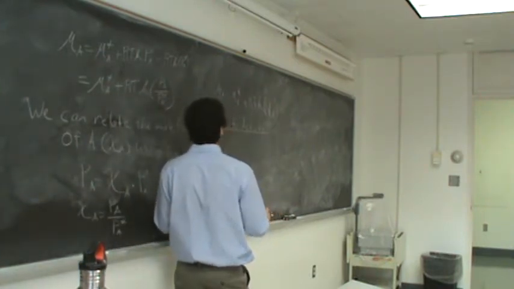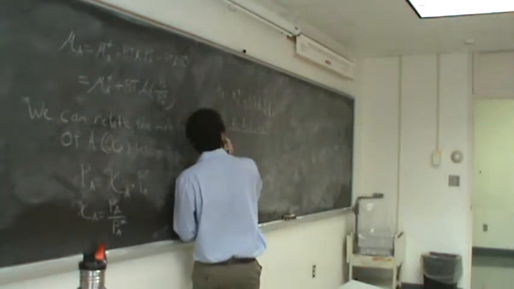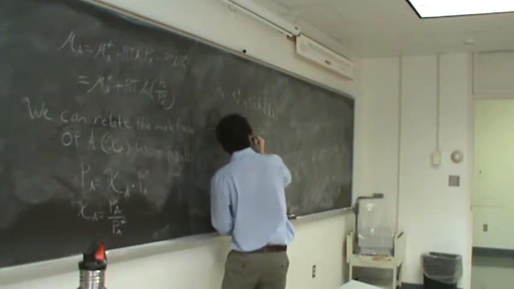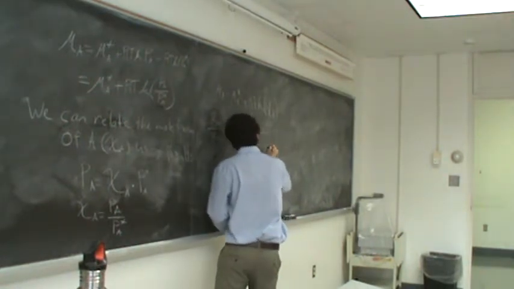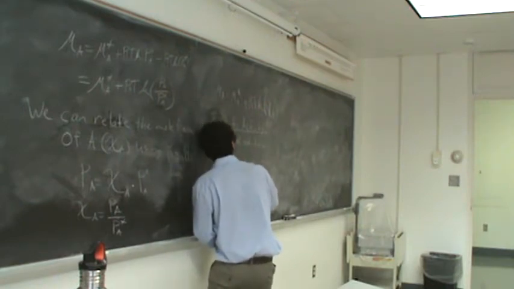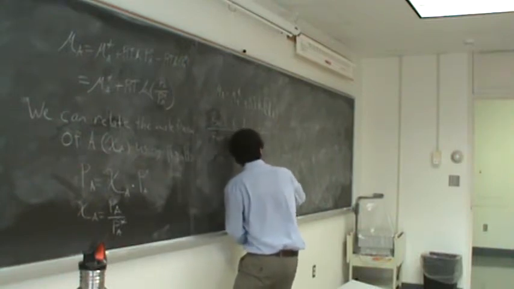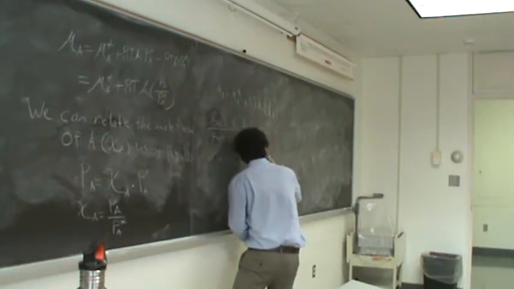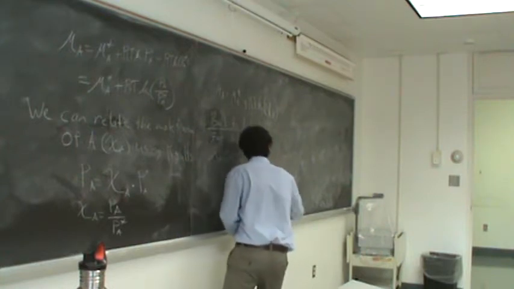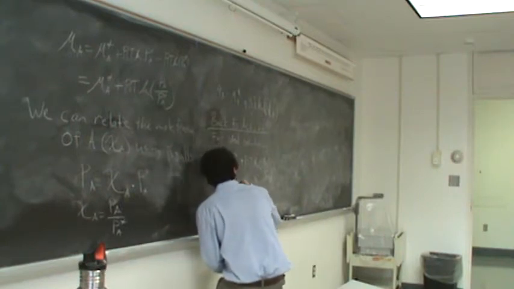We've shown for an ideal solution that this is true, right? So for ideal solutions, we could represent that as mu A star plus RT ln PA over PA star, or we could represent that with mole fractions, right?